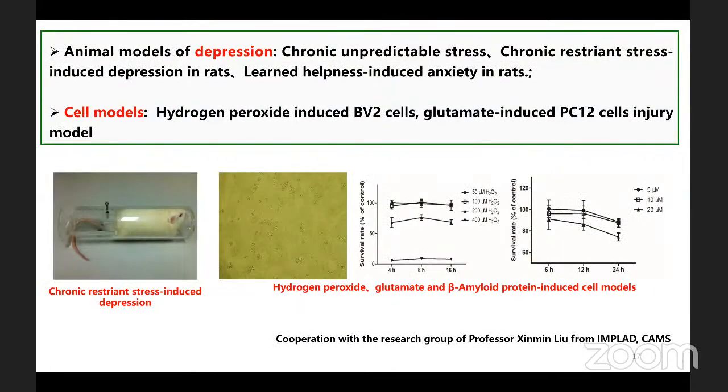Then we also established several depression animal models, both in rats and mice, such as chronic restraint stress and chronic unpredictable mild stress induced depression. Also, we established several cell injury models in BV2 cells and PC12 cells.